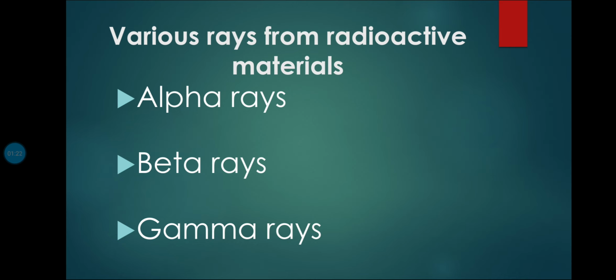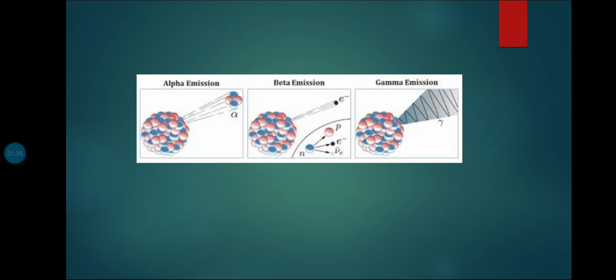The various rays emitted from radioactive materials are alpha rays, beta rays, and gamma rays. Here, the alpha particle emission, beta particle emission, and gamma emission are represented pictorially.